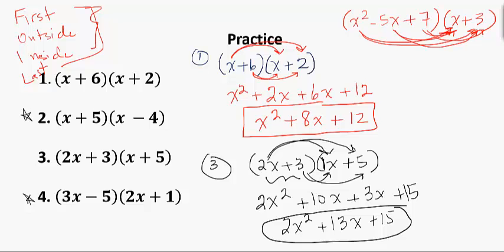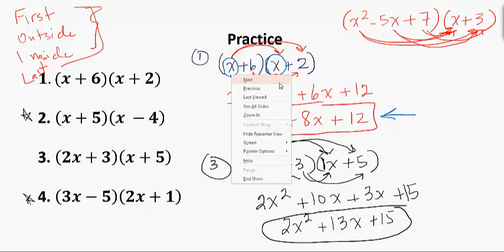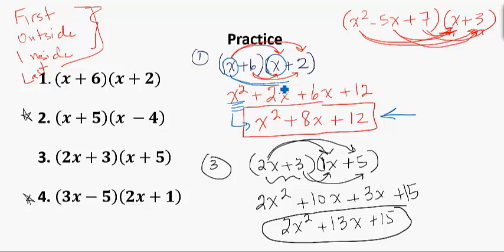So if we go back here and look at our work in the previous slide, to get x squared plus 8x plus 12, to get that x squared, we multiplied x times x, and that's how we got the x squared, which moved down here to our final answer. The 8x came from the fact that we multiplied this first term times that 2, that's where we got our 2x, and then 6 times x, so that's where we got our 6x.